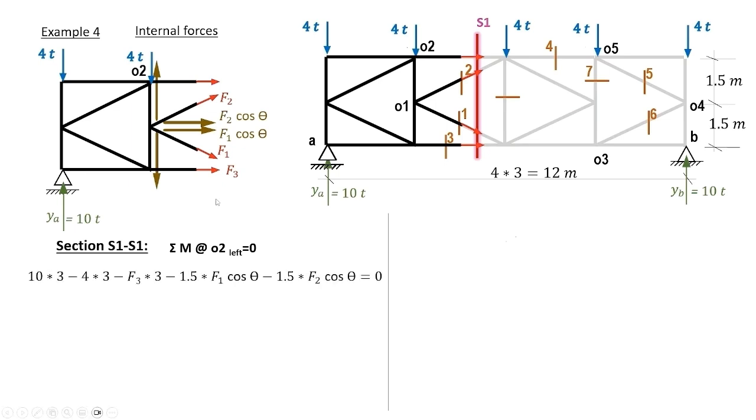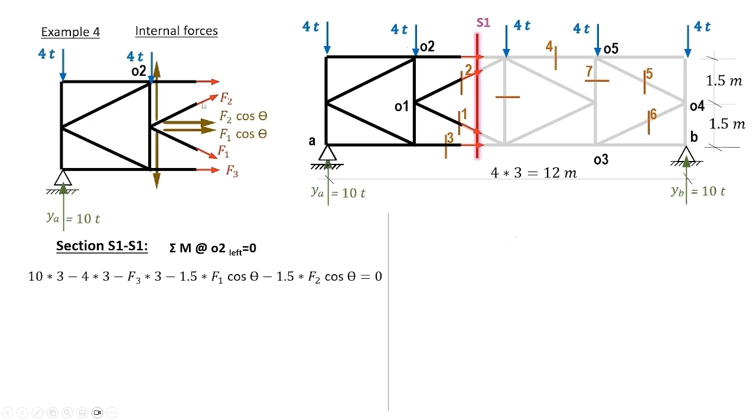The cut S1 cuts four members, F3, F1, F2, and the horizontal member passing by O2. Considering moments about O2, this horizontal member will not appear in the equation.